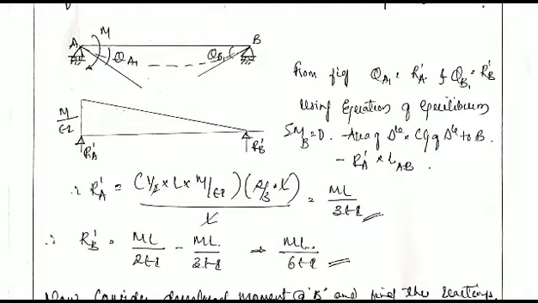The base is L here, so half L times M by EI. So we got 0.5 ML by EI as the downward force.